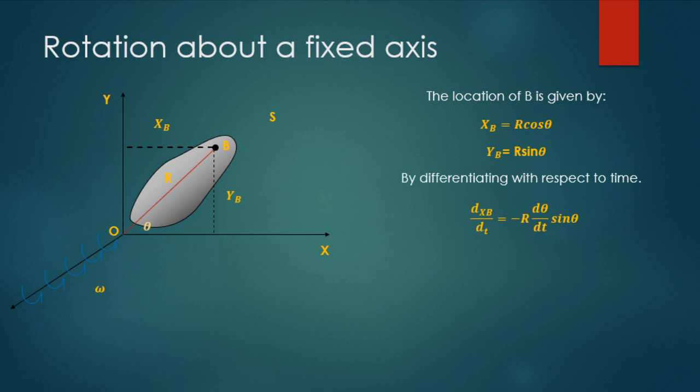The derivative of y sub b is r sine theta, so dy sub b over dt is equal to, the derivative of sine theta being cosine theta, times the derivative of theta, d theta over dt.